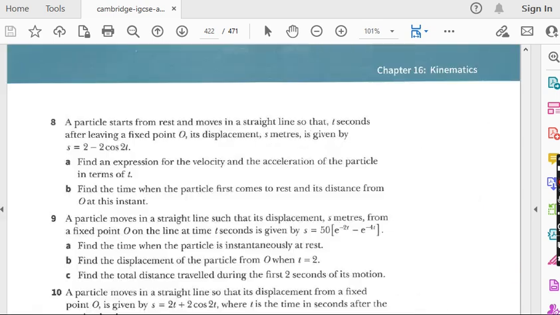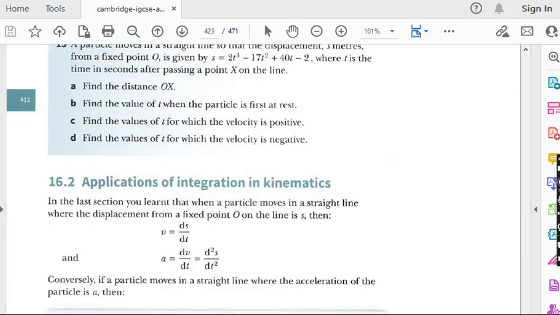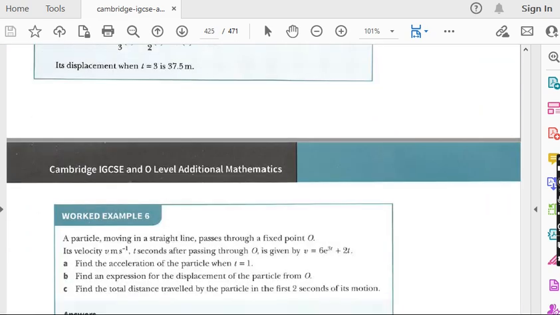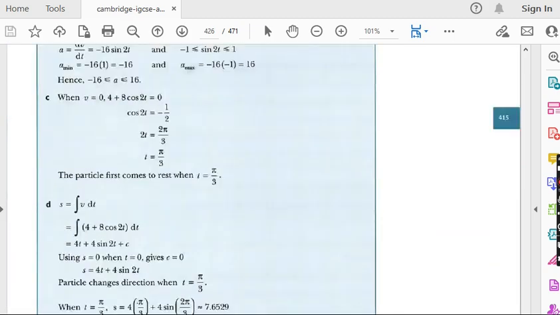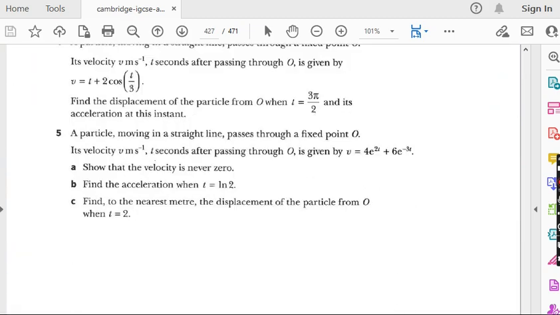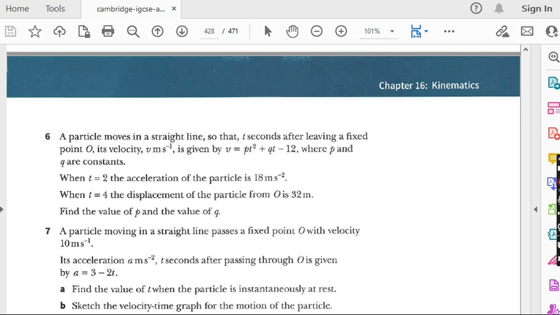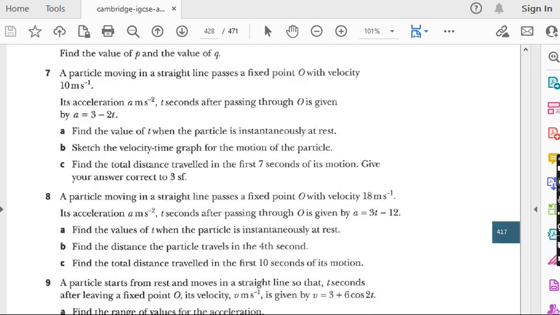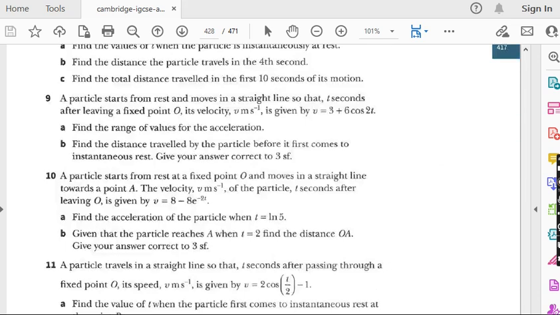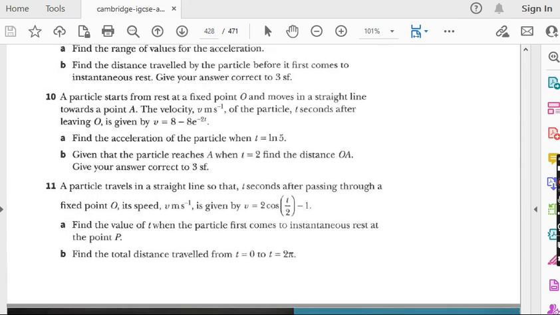Check this, Exercise 16.2. Today we did till question number 7. 8, 9, 10, 11, no issue. I will finish all remaining 4 questions in the next lecture.